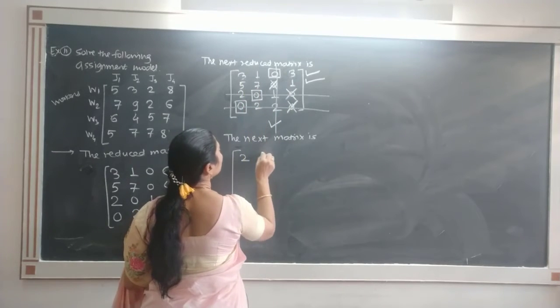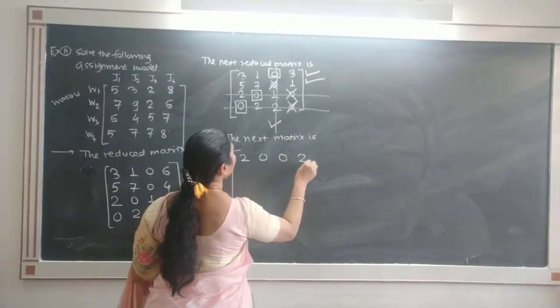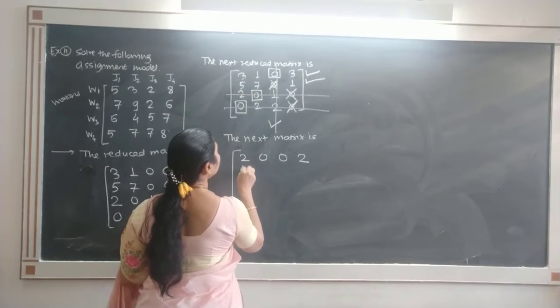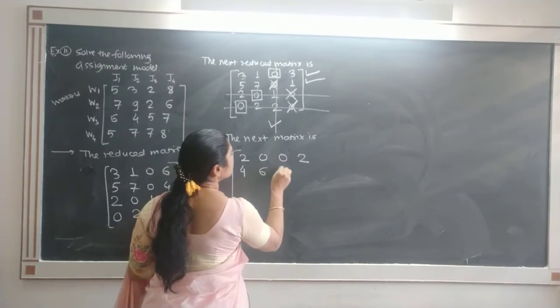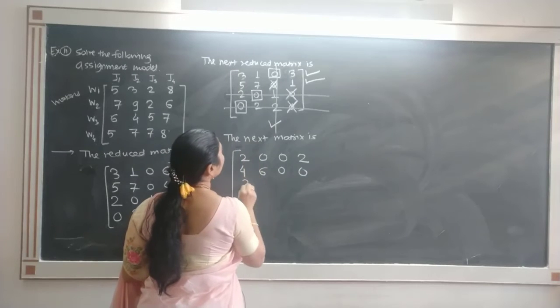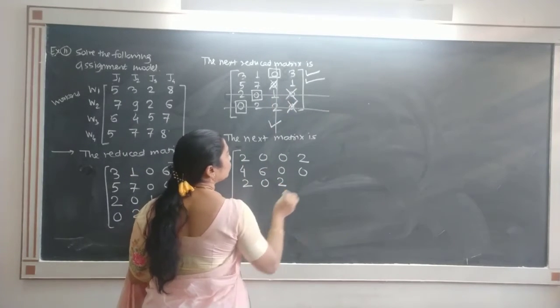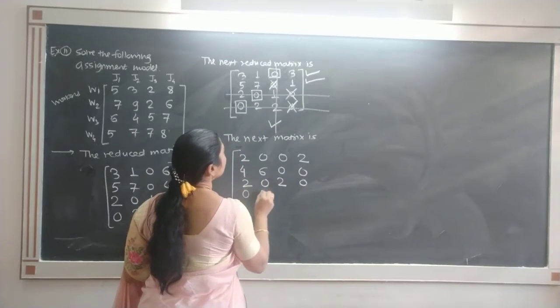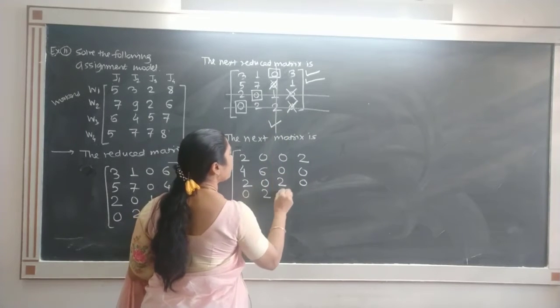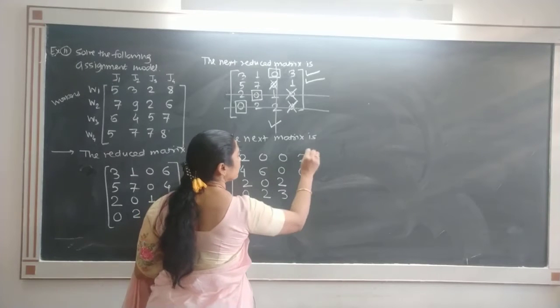Subtract 1, so 2, 0, 0, 2. Subtracting 1, 4, 6, 0, 0, 2, 0. This is an intersection point, so add 1, 2, 0 and 0, 2. Intersection point, add 1, 0.